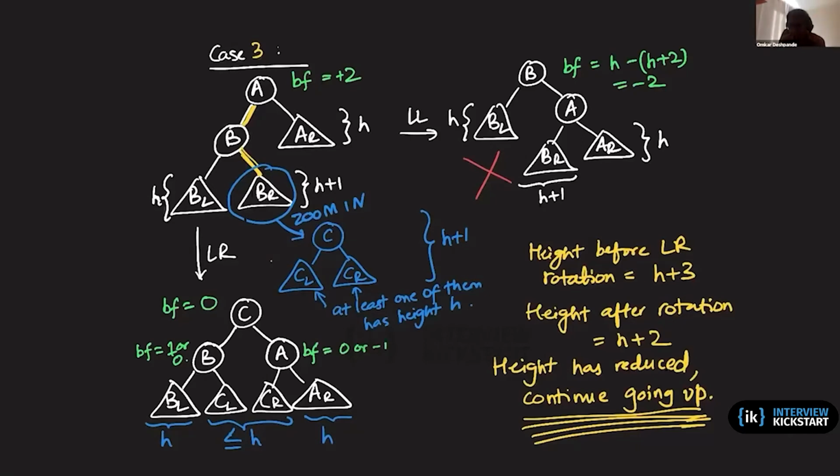Or if you want to directly implement the double rotation by changing the pointers, you can do that also. You just have to write separate code for it. If you look at a double rotation as a sequence of two single rotations, then once you have the code written for a single rotation, you can reuse it two times in sequence.